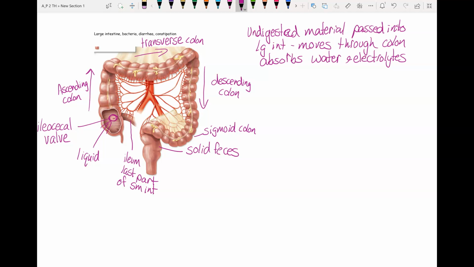An important substance to have here is fiber. This is why you need fiber in your diet. Fiber gives something solid for the colon to push against.